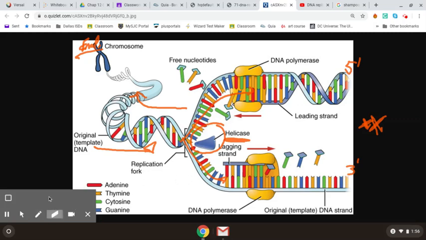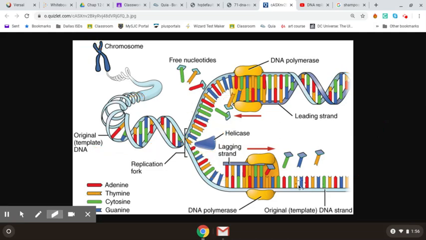Now when these two strands are exposed, we call this a replication fork. And you can kind of see why that's called the replication fork. It kind of looks like a fork with one less tongue hanging out of it, right? So this is the replication fork.